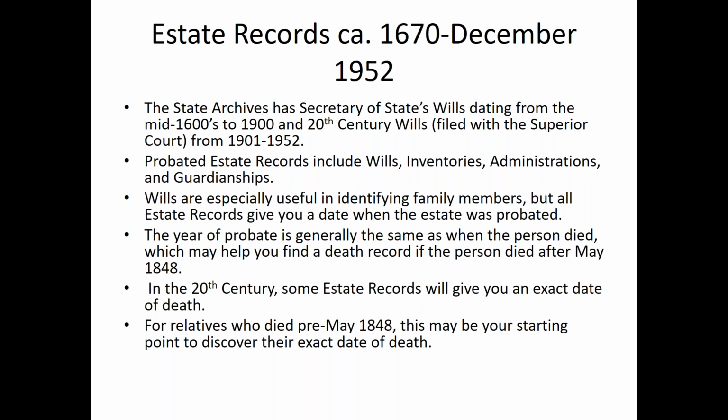And so this could help you if you're searching for a vital record. In the 20th century, some estates, in fact many of them, simply give you the person's exact date of death right in the estate documents. So that is incredibly useful. For relatives who died before the vital records era, pre-May of 1848, this might be your starting point to discover their exact date of death.